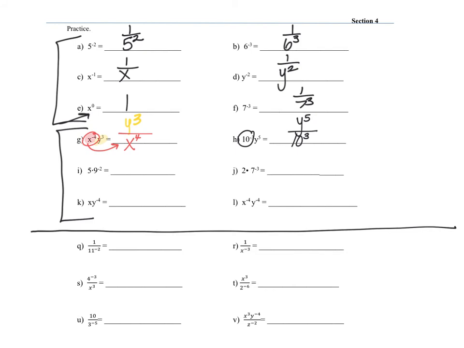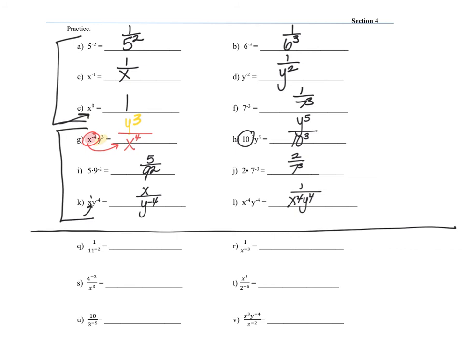So I want you to pause the video and try the next 4 problems, and then we'll talk about it. So you can try the problems, unpause, check your answers. All right, these are the answers. So the first 2 were just like the 2 I walked you through. If you don't see an exponent on a variable like this x right here, it's assumed to be a positive 1.